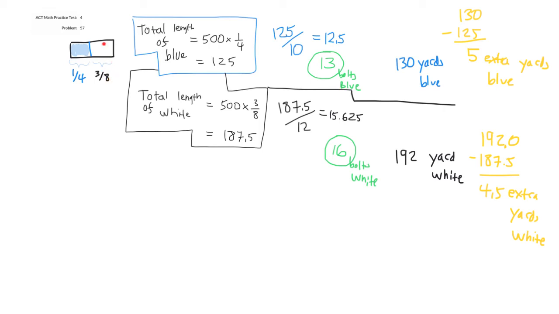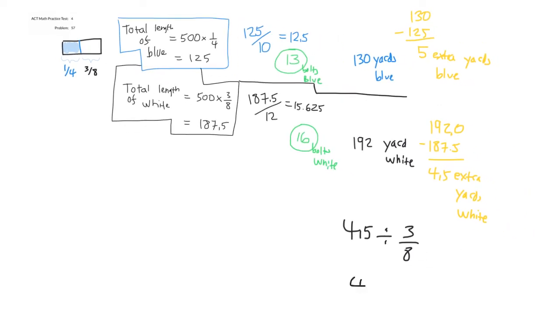How many of these 3/8 white blocks, each of which is 3/8 of a yard, would actually fit inside 4.5 extra yards of white material? Well, all we'd have to do is divide 4.5 by 3/8, which is really the same thing as multiplying 4.5 times the reciprocal. And that turns out to be 12.